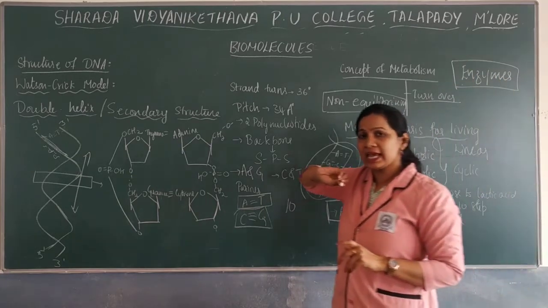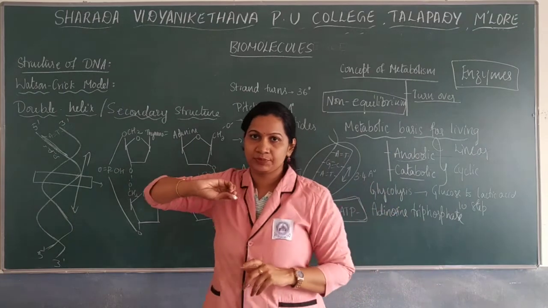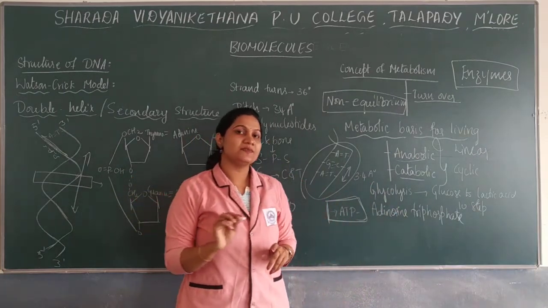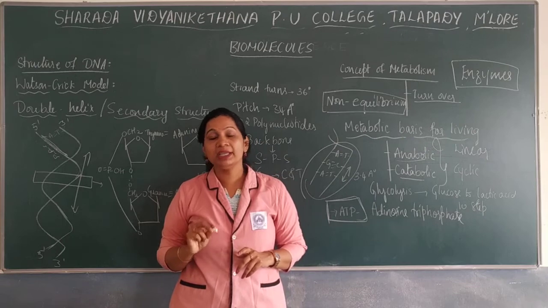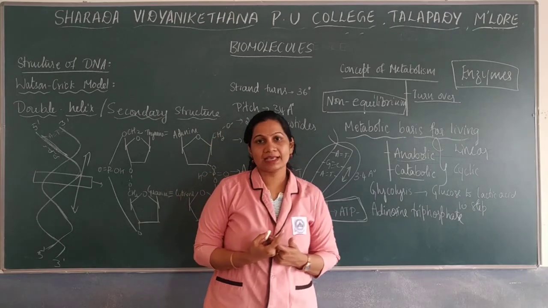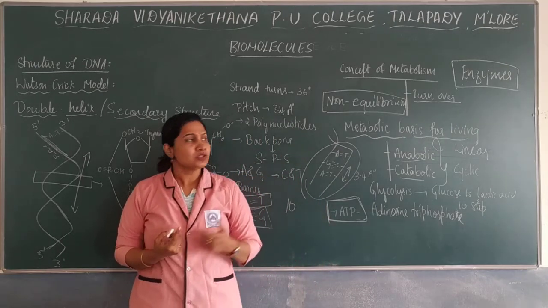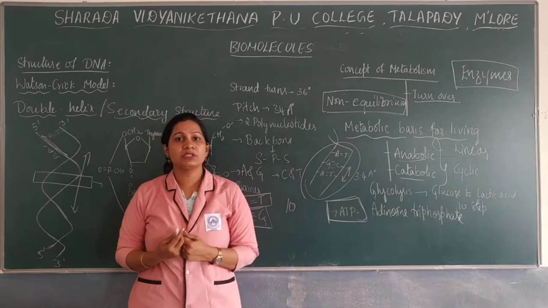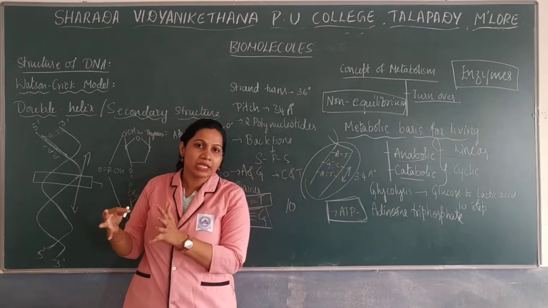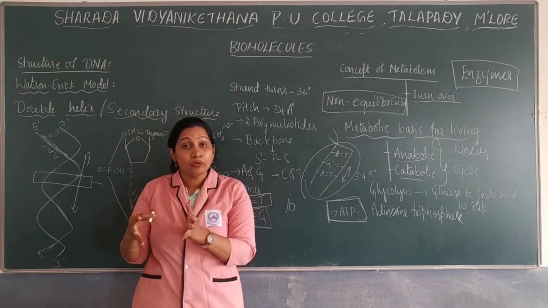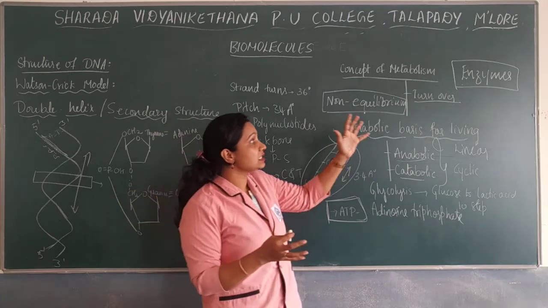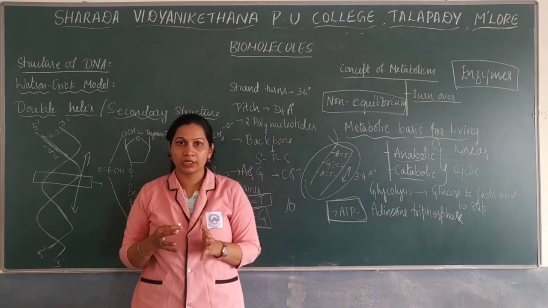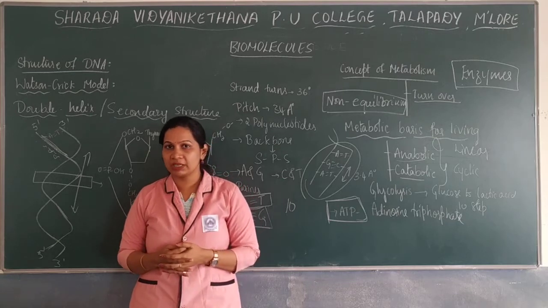The enzymes are proteins which are produced in our body. They mainly act as biocatalysts. Regarding what I told, it is a non-equilibrium process. For those processes, these substances are very important.